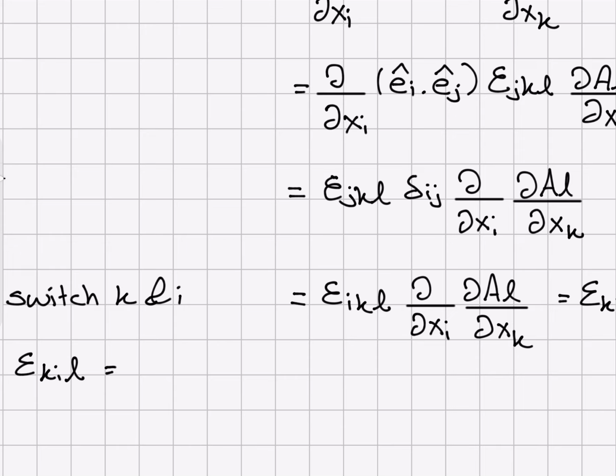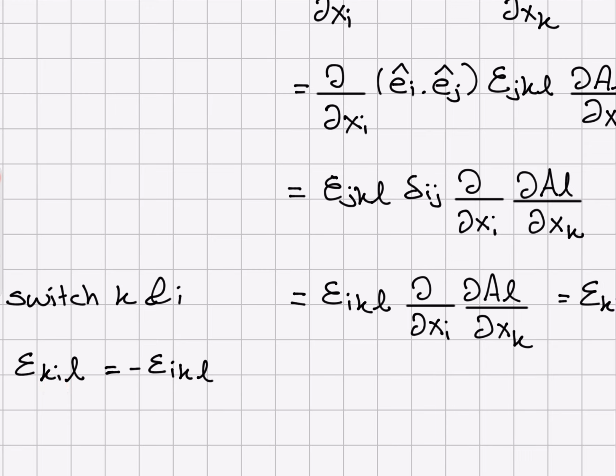But a switch of these positions, on the other hand, instead of changing the names of these indices, would imply that I have minus epsilon ikl, because I have an odd number of changes in the position, kil, ikl.